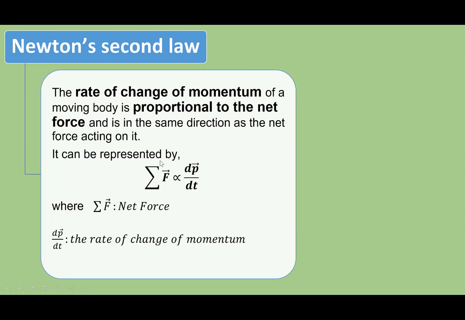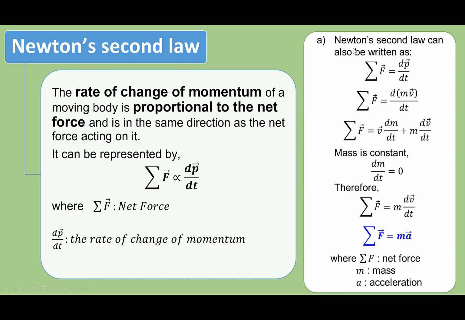Mathematically, it can be represented as summation of net force is directly proportional to the rate of change of momentum. Newton's second law can also be written as summation of net force equals the rate of change of momentum, and we know that momentum equals mass times velocity, so we can write d(mv)/dt. Expanding this equation, summation of net force equals velocity times dm/dt plus mass times the rate of change of velocity.